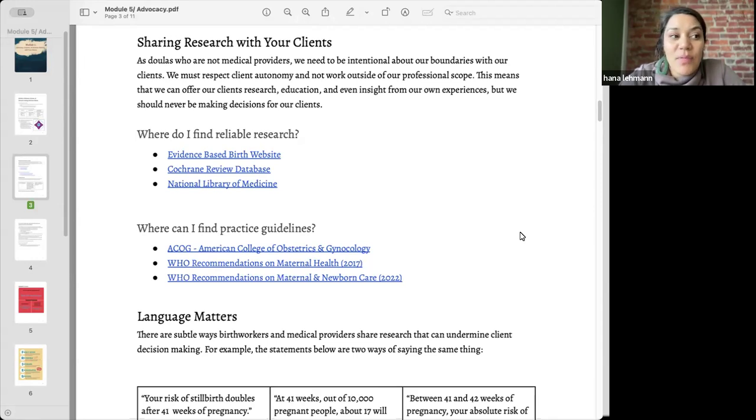And so if you find that wherever you are, they're suggesting something that is not in alignment and you're also feeling not great about it, you can always use those recommendations to help advocate, right? You can also look at the WHO recommendations on maternal health and newborn care. So those are good places to also see some more standards, and give you some context for advocating, right?